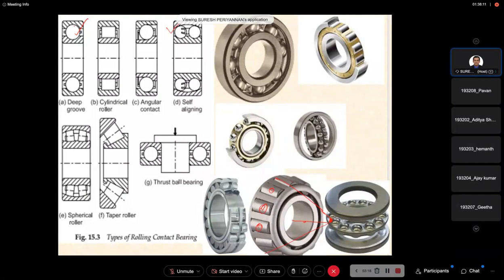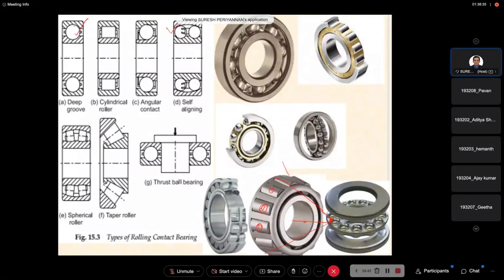Where do we use this kind of bearing? The rolling elements make an angle. Hence, this bearing is going to be subjected to a radial component as well as an axial component. The axial component is nothing but the thrust component. Please go through your book, you can get more information.